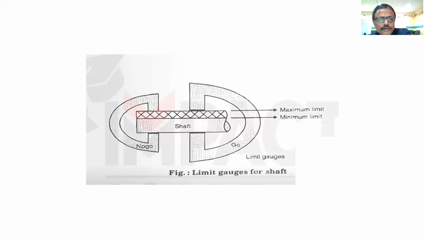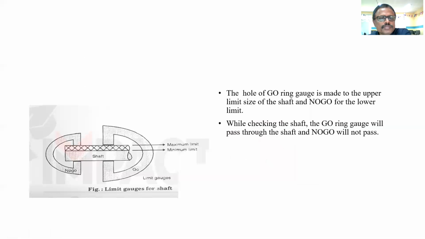So we will see the three-dimensional diagrams of the ring gauges. Again, in these ring gauges, the go ring gauge is made to the upper limit size of the shaft and no go for the lower limit.